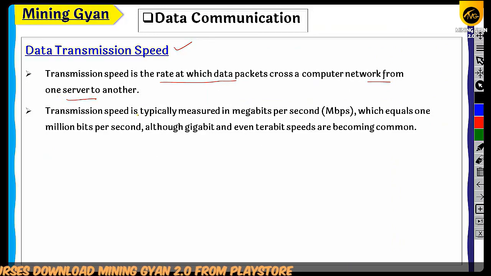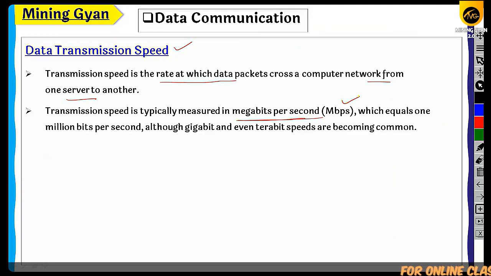That means the rate at which any packet of data can be transferred from one server to another. Transmission speed is typically measured in megabits per second, which is called Mbps. Okay, so this is not megabytes per second, this is megabits per second, which equals 1 million bits per second.